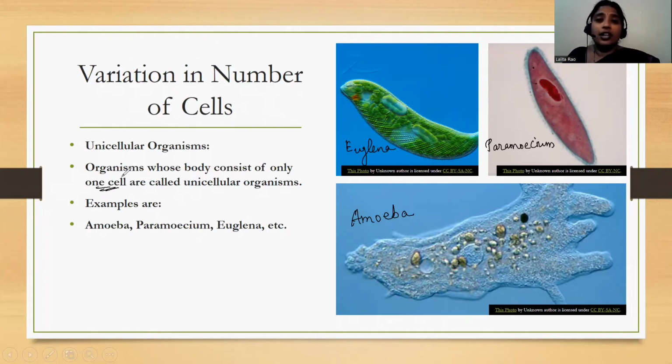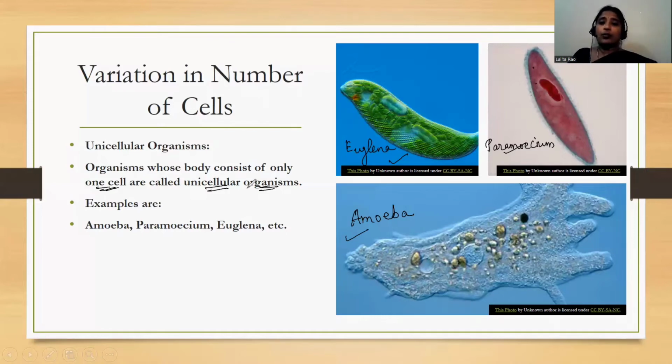The organisms whose body consists of only one cell are known as unicellular organisms. Uni means single. So the organisms made up of a single cell are known as unicellular organisms. Examples are amoeba, euglena, paramecium.